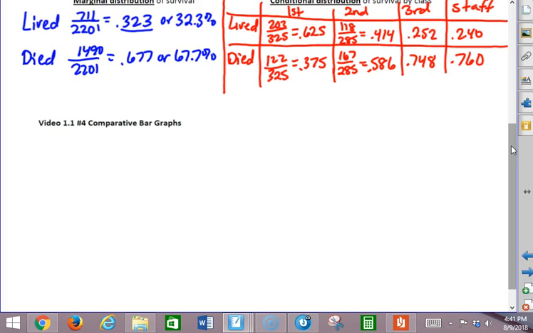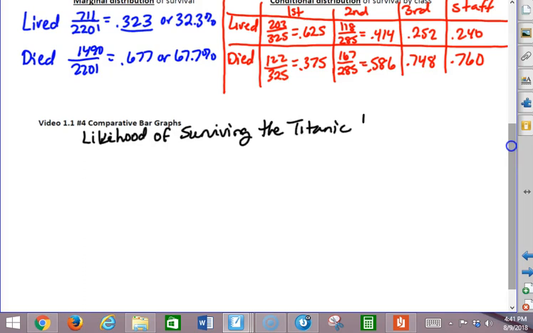So this bar graph is the likelihood of surviving the Titanic based on class. Our bars are the explanatory variable, so we're going to have first class, second class, third class, and staff.